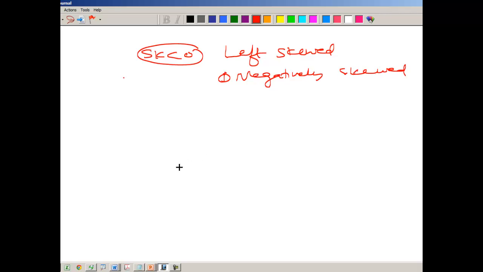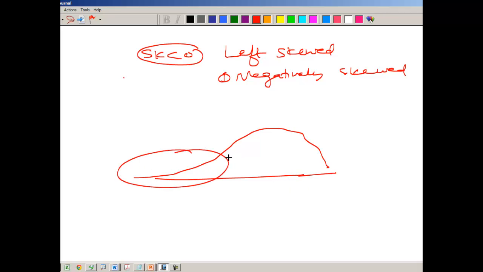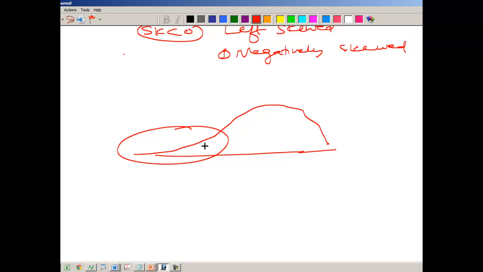So in case of a negatively skewed distribution, the skewness that you find is on the left side. That is the characteristic. There are a few values which are large negative values, very much lower than the mean. Over here this is your mode, the highest frequency.